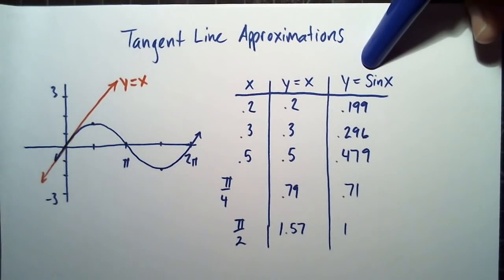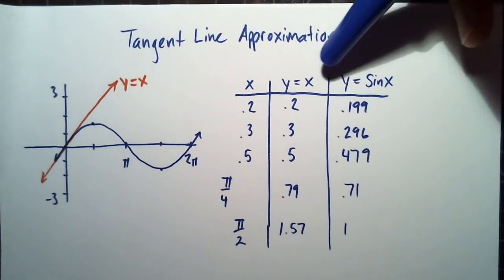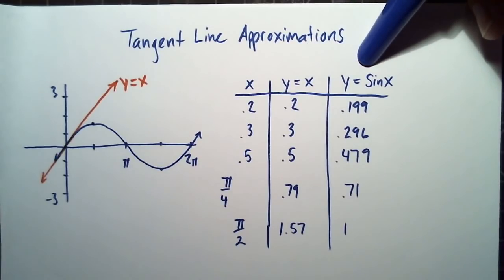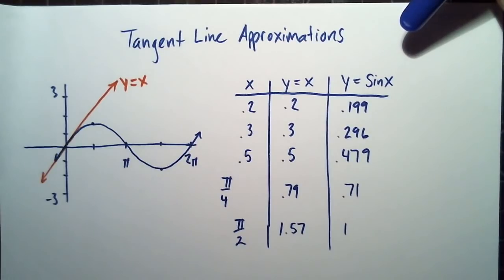So just think about this, true or false. The tangent line is a good approximation of the function. So now look at all the y values and decide whether that's a true or false statement.